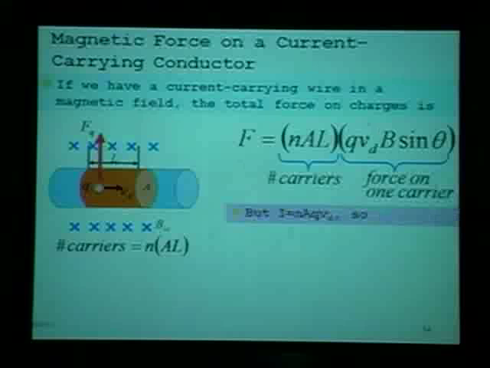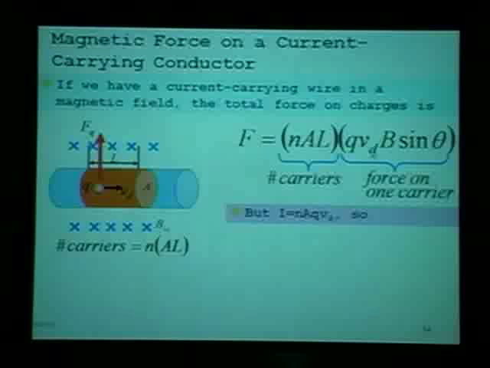Well, realize that for check 27, though, the current flowing in this wire is equal to the number of carriers per volume for that material, little n, times the cross-sectional area, times the charge per carrier, times the drift velocity. So the current is n times A times Q times drift velocity.